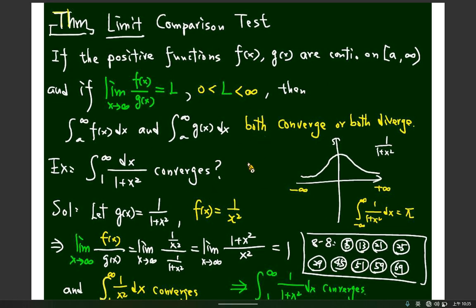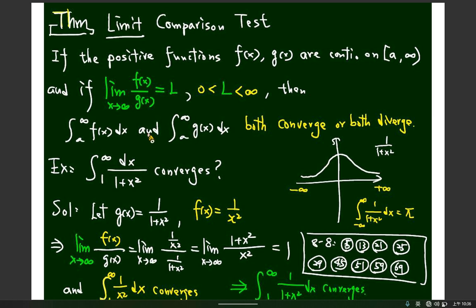Okay, and the second test is the limit comparison test. If we take the limit of f of x over g of x as x approaches positive infinity, and it is a fixed number L, where L is larger than 0 and less than positive infinity, meaning L is a finite number, then the improper integral for f of x and the improper integral for g of x will have the same property.